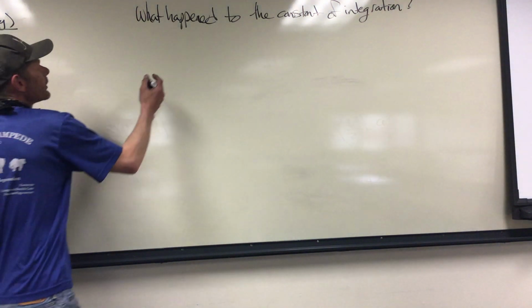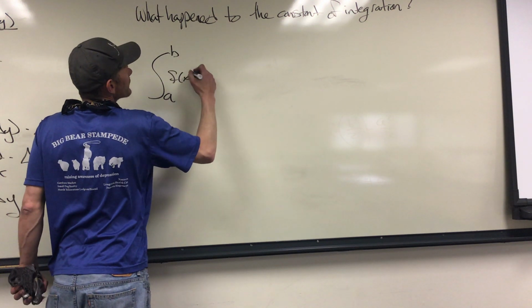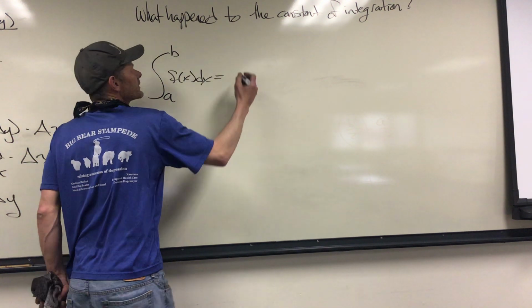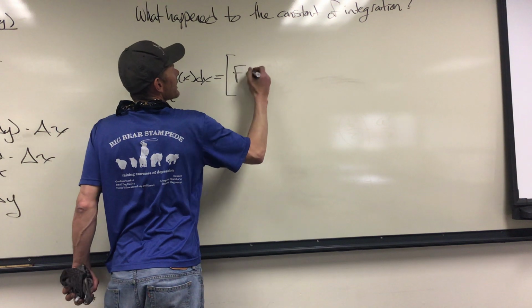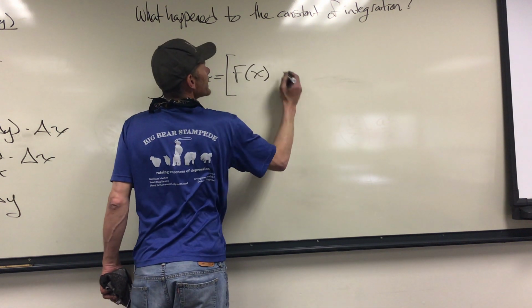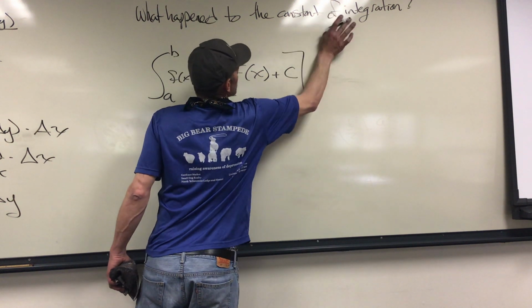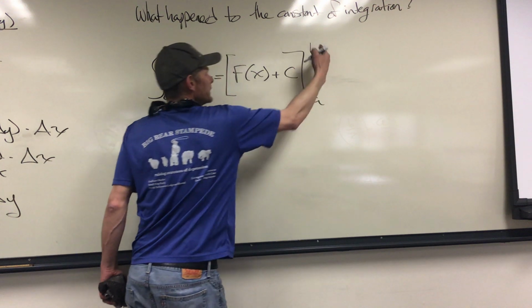I'll show you. So, if we do the integral from a to b of f of x dx, we're going to get an antiderivative, I'll call it capital F of x, and capital F of x plus c, and we have to evaluate that at b and then at a.